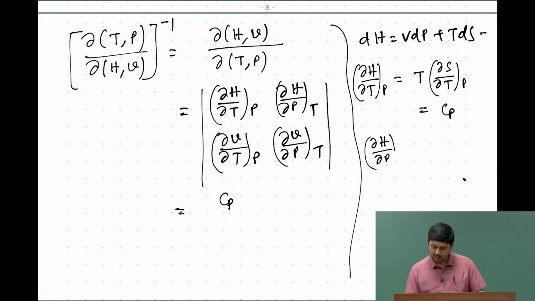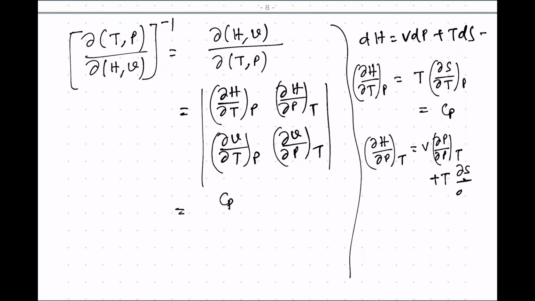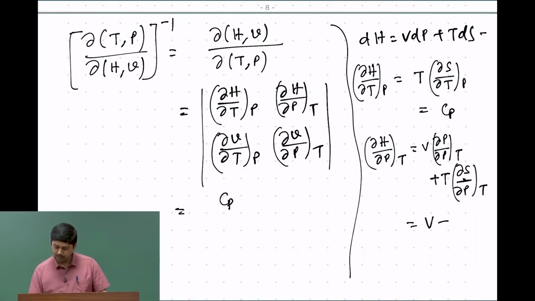at a constant T is, the first term is giving us V del P by del P at a constant T, which will be 1, which will be V only, plus T del S by del P at a constant T. So, now V plus T and del S by del P at a constant T, we have to use the Maxwell relation.